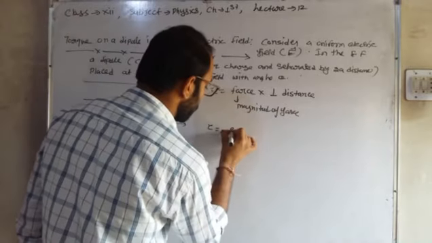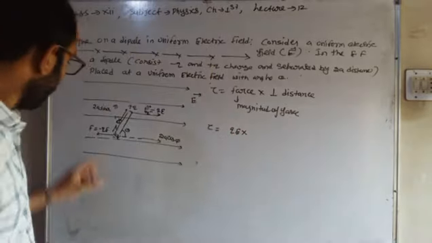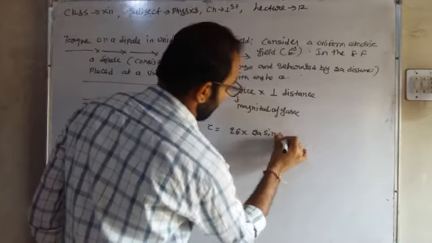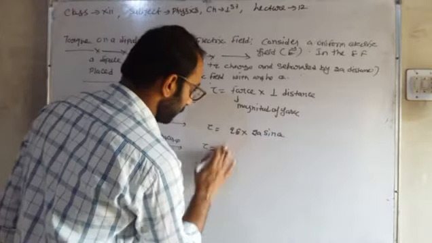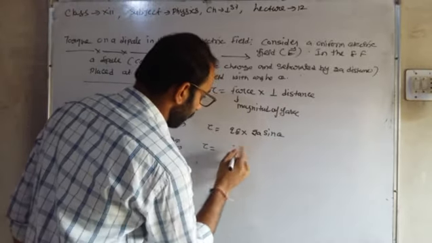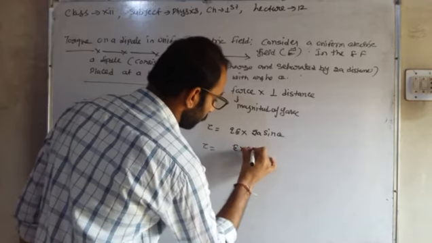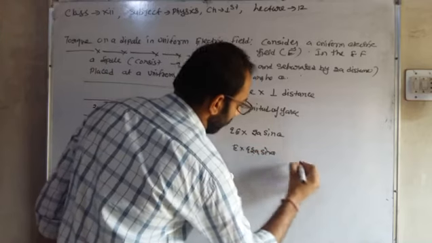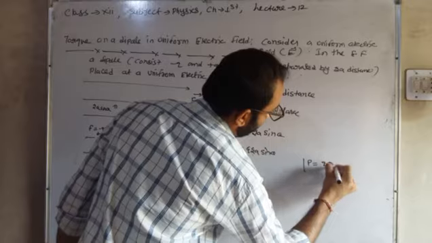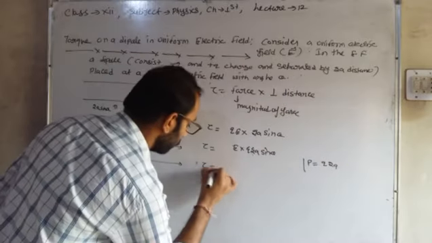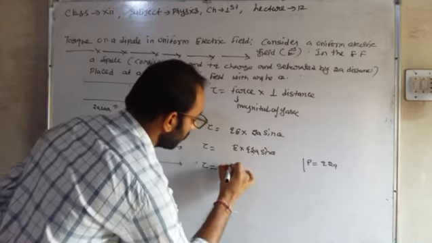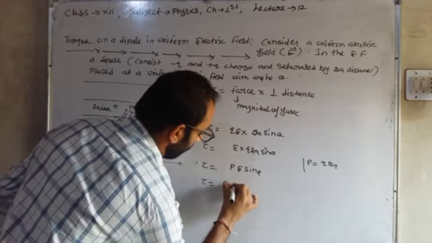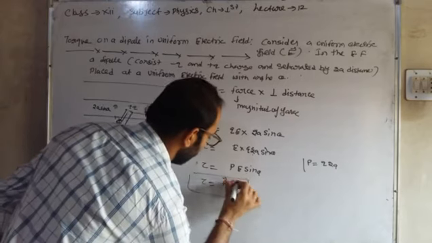Torque is equal to force qE, correct or not, times the perpendicular distance 2a sin theta. So torque equals qE times 2a sin theta. We know that P is equal to q multiplied by 2a, the dipole moment. So torque is equal to pE sin theta, represented by P cross E. The sin theta comes from the cross product.